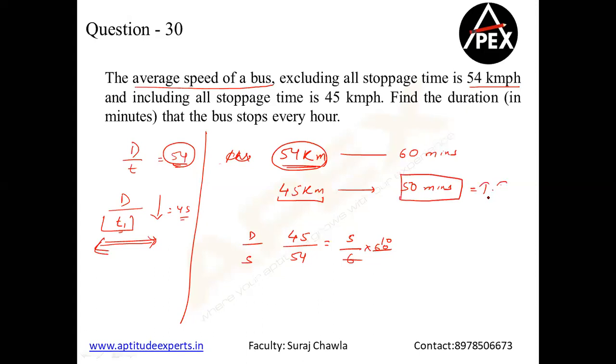If you remember yesterday's question, clear? But what is the total time taken by the bus? The total time taken by the bus is 45 kilometers in 1 hour. So I repeat, the total time taken by the bus, that is 60 minutes, will be equal to your travel time plus the stoppage time, right? So that's going to be 50 plus 10.